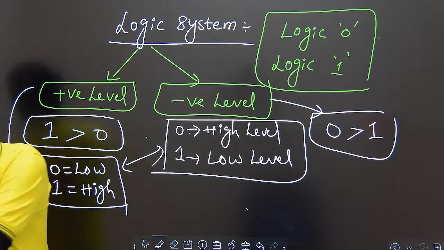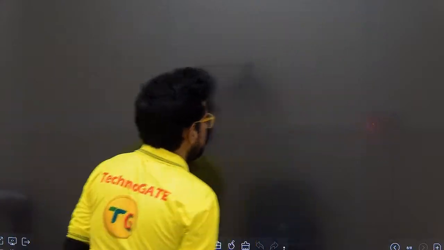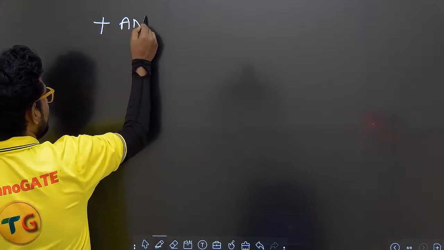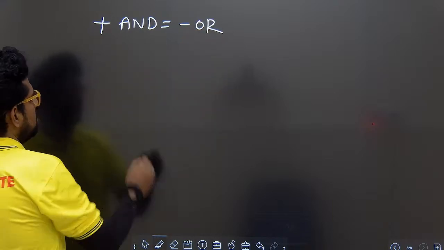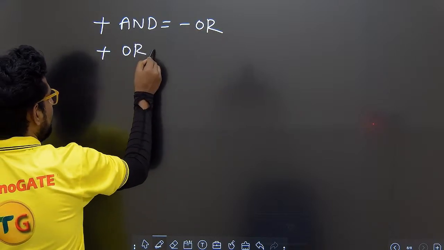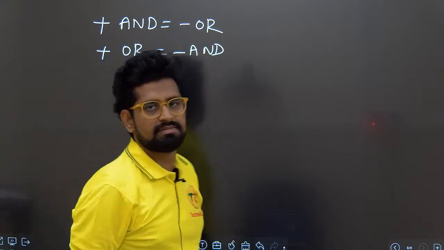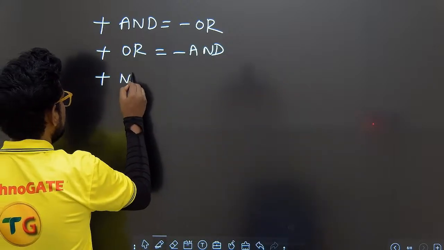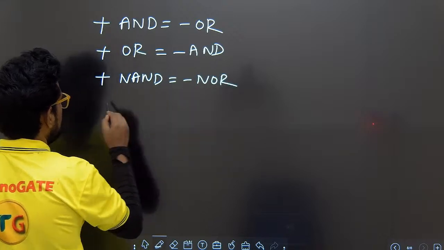Based on this, we have some notes. Positive level AND gate is equal to negative level OR gate. Positive level OR gate is equal to negative level AND gate. So I am going to prove this. And positive level NAND is equal to negative level NOR.